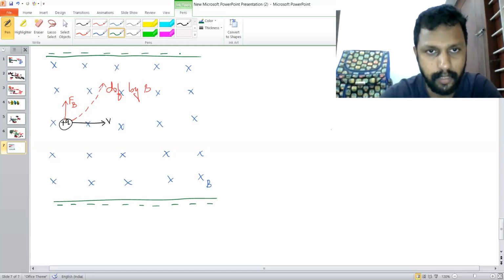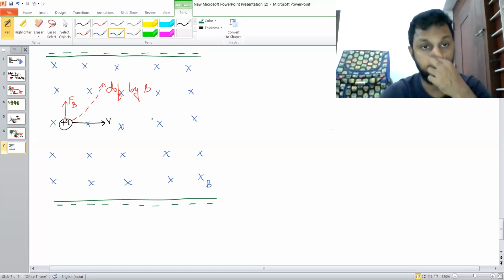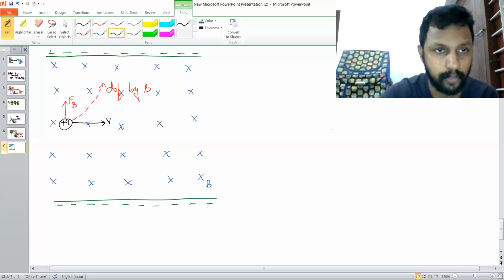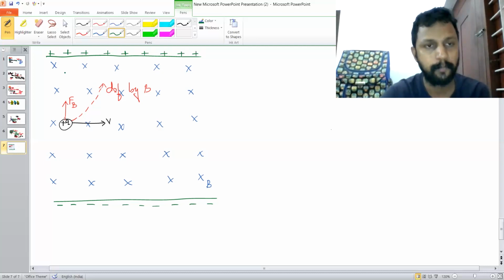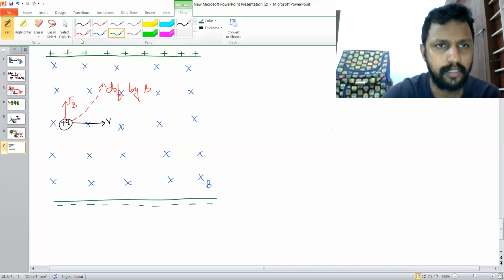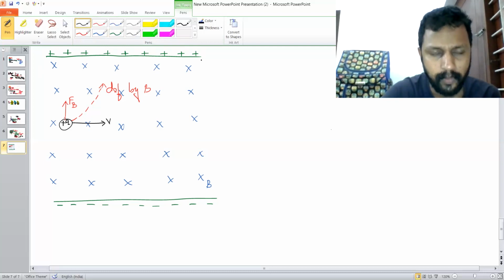A positive charge sheet is placed at the upper region and a negative charge sheet is placed in the lower region. Due to these charge sheets, a uniform electric field will be created, and the direction of that uniform electric field will be from positive to negative. Therefore, this is the direction of the uniform electric field created.